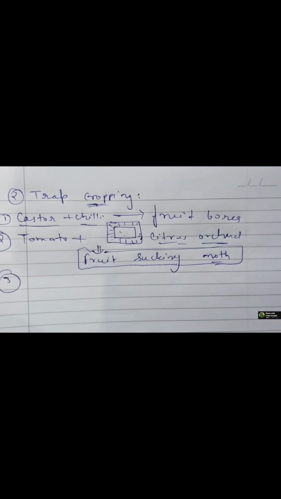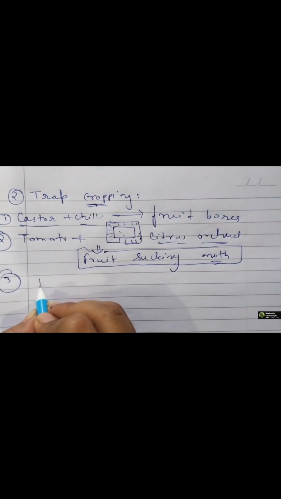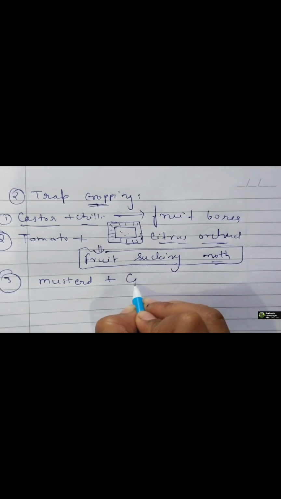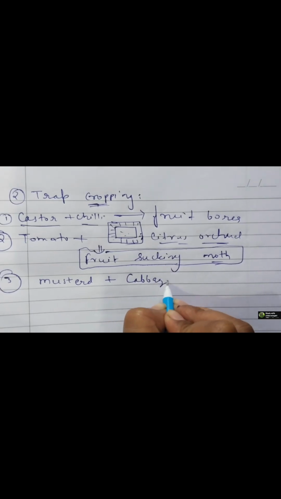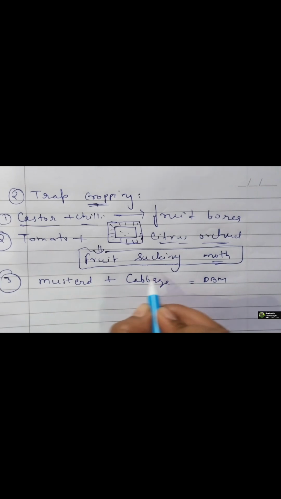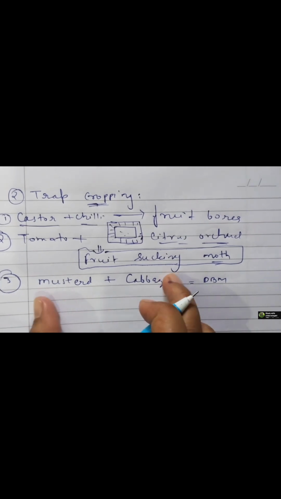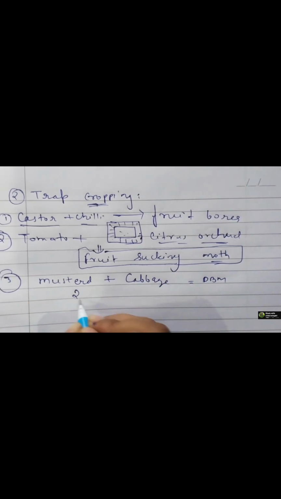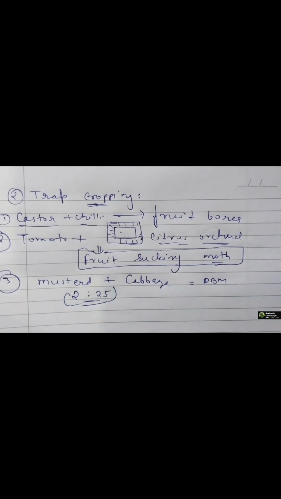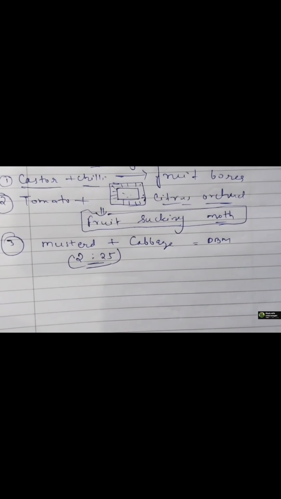Then the third important one is mustard plus cabbage against the DBM. What is important in this is that they ask for the ratio. Two rows of mustard and 25 rows of cabbage is standard for trap cropping in mustard and cabbage.